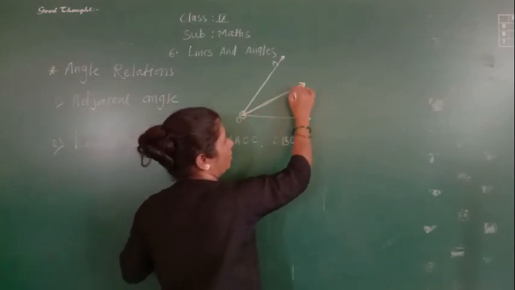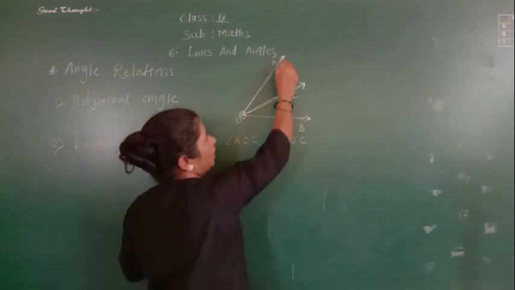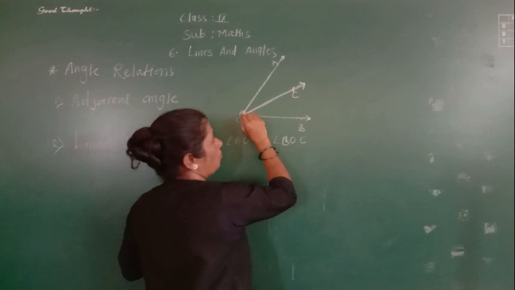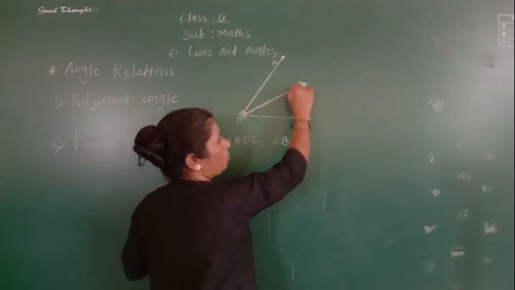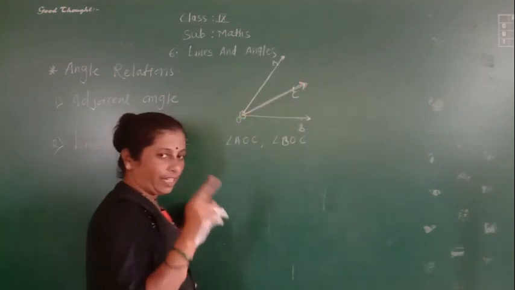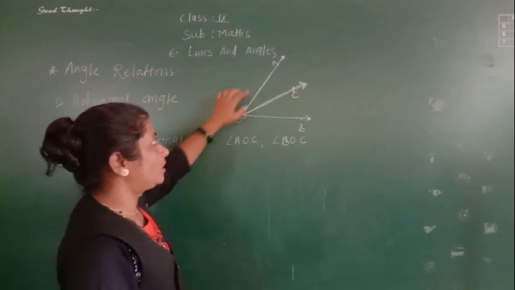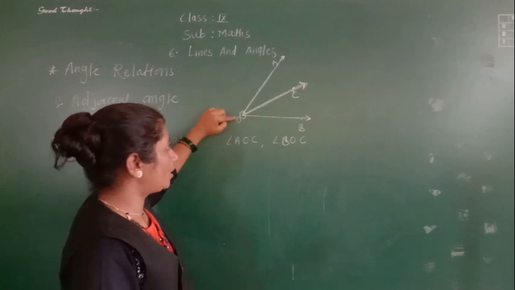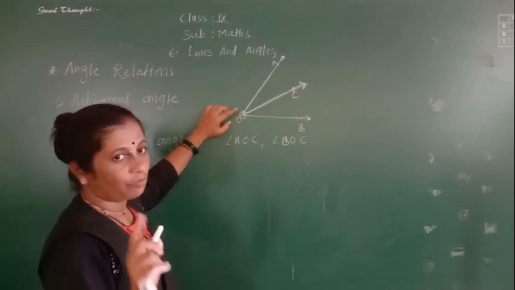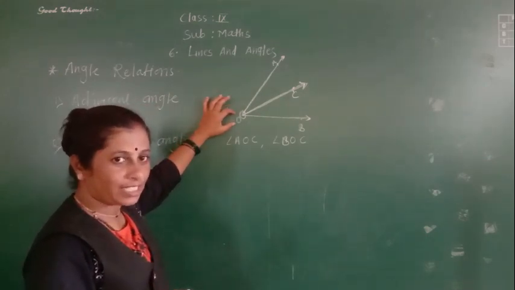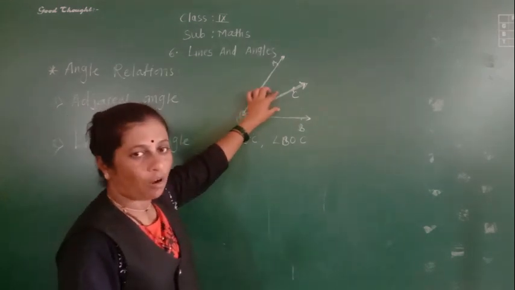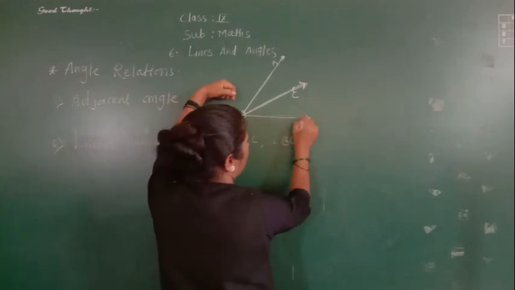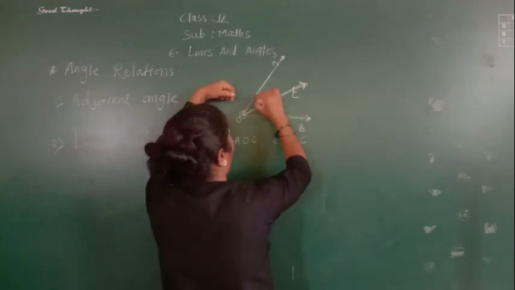OC is the common arm, right? So if angle AOC and angle BOC have OC as the common arm, and one common vertex, then these two are adjacent angles. The other two arms are the non-common arms, right?